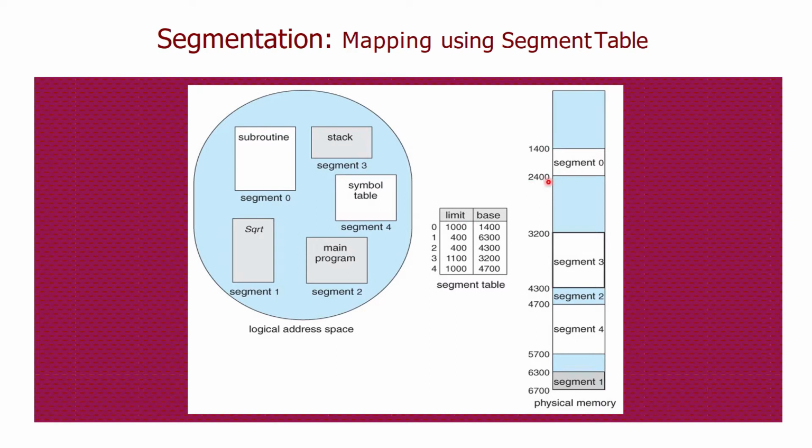So 1400 to 2400 is my segment 0, 6300 to 6700 is my segment 1, 4300 to 4700 is my segment 2, this one here. 3200 to 4300 is my segment 3, this one, and 4700 to 5700 is my segment 4, this one. Okay, so this is how we map it. We have to use these two values, limit and base, to generate this segment table, and based on it we can map it in the physical memory.